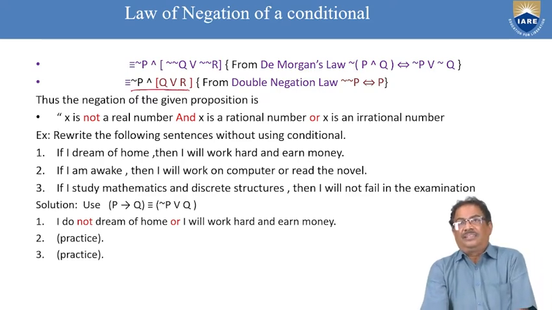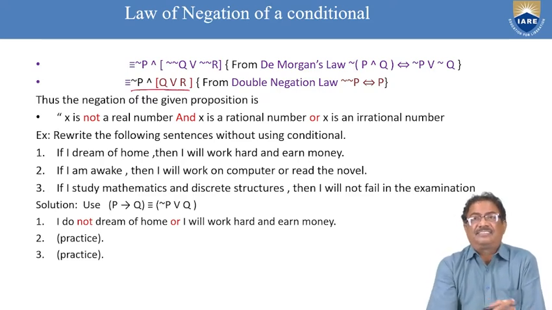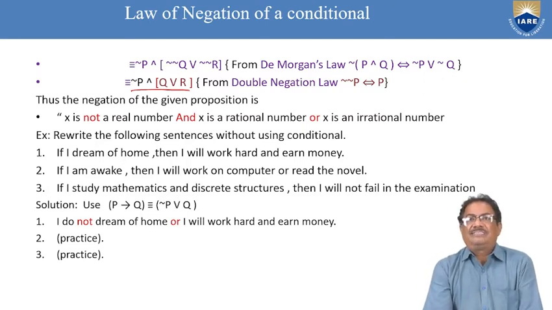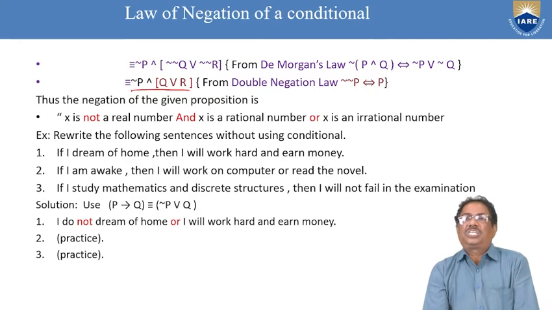Now based on this, we are going to write in sentence form. So the first one is negation of P, then X is not a real number and X is a rational number or X is an irrational number.